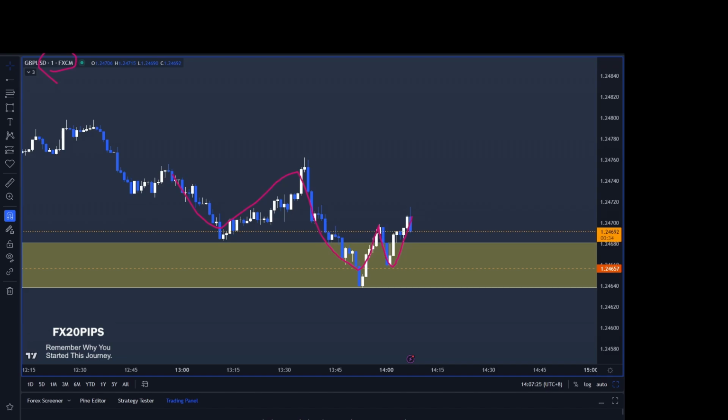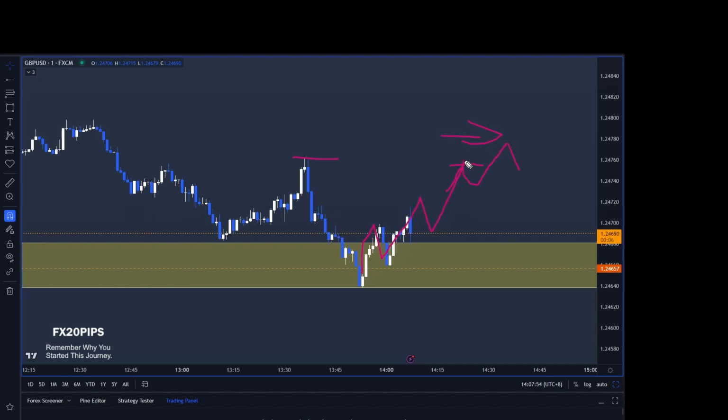But I need confirmation to be convinced: this high needs to be taken out in the future. When this high is taken out in the future, then you will start to look at a buy.